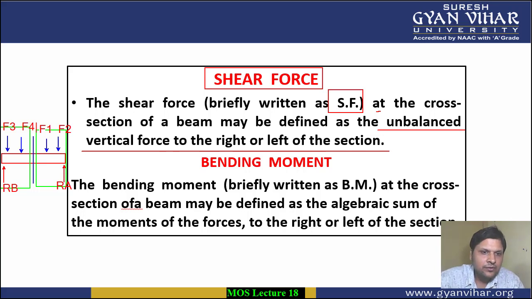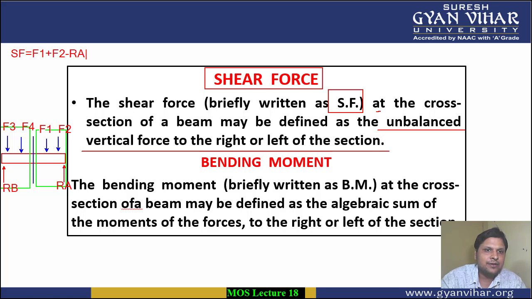Now if these are the forces, then you can say that shear force SF here will be equal to the summation of the force on the right or on the left. Some sign convention is also used here, I will tell you in the next slide. So what will be the unbalanced force? F1 plus F2 minus Ra.